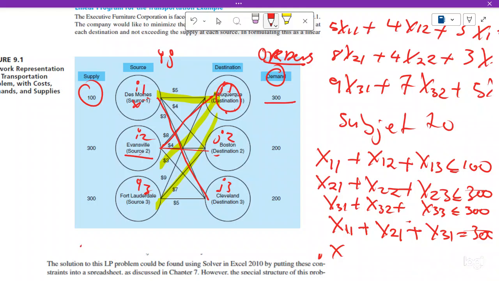Now we are moving to this guy, x1 2 plus x2 2 plus x3 2 equals to 200. Okay.